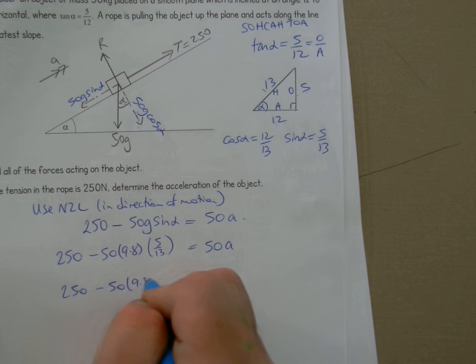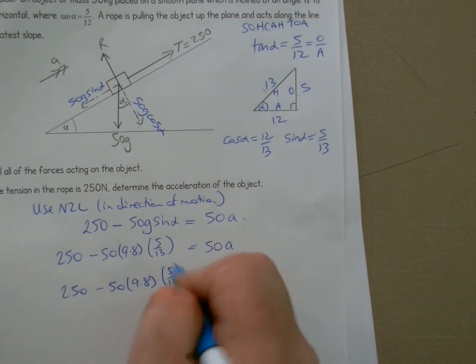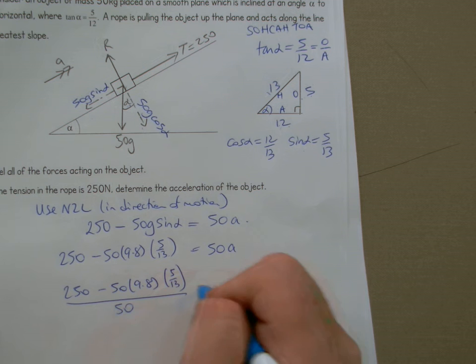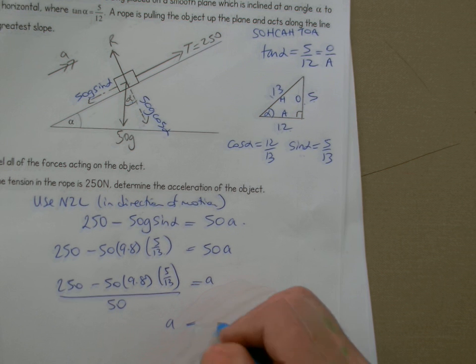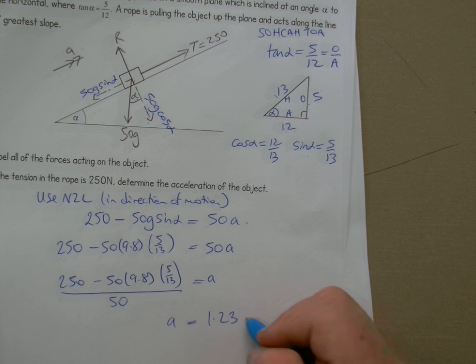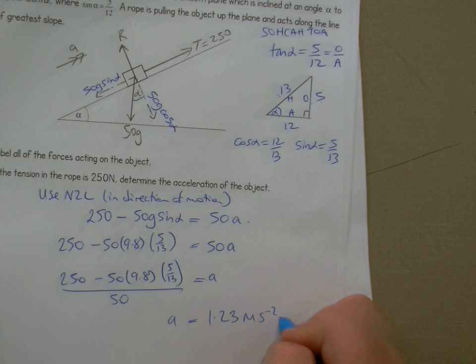So maybe I'll work the top out on my calculator first. Work the top out, divide by 50 then, and I get the acceleration to be 16/13, which is 1.23 meters per second squared.